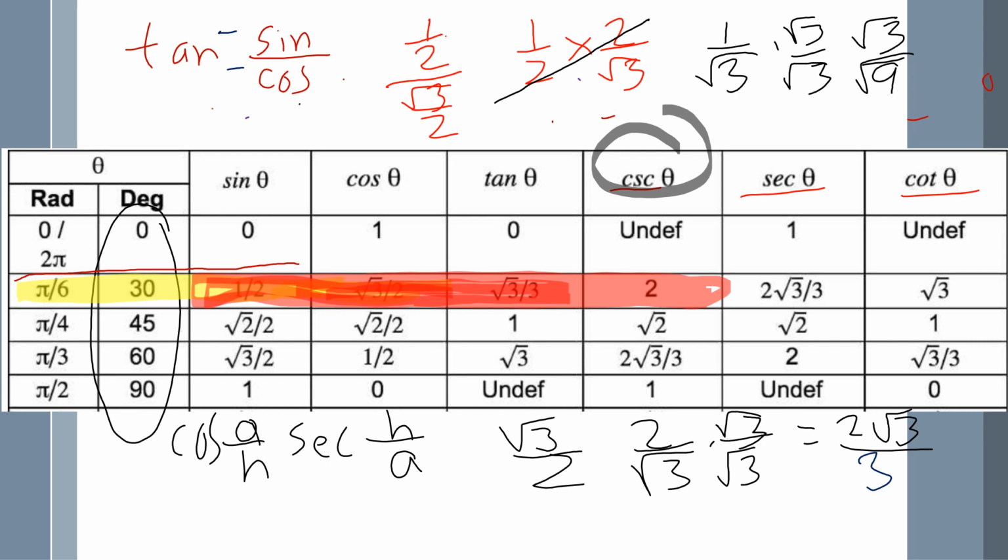Just like that. And that's where that comes from. I'm not going to do cotangent because if you just understood how we just did secant and cosecant, you could do cotangent yourself. So I won't explain that no further.